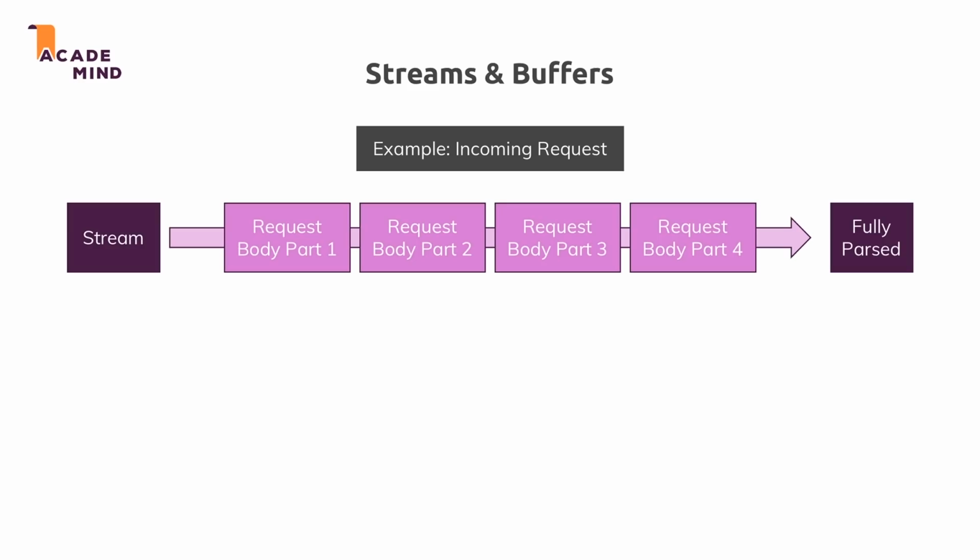Now, for a simple request like the one we're working with, this is not really required. We only got one input field data. It doesn't take so long to parse that. But consider a file being uploaded.